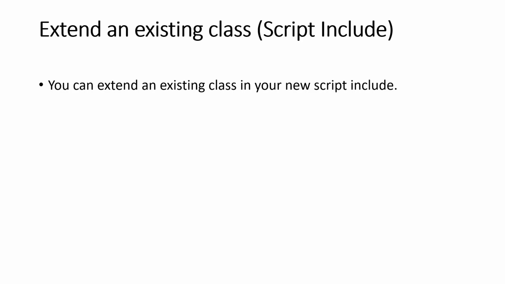Now we are trying to extend a class that is already created in a script include. So I'm extending that class in my new script include so that I can use all those methods declared in that script include or class.